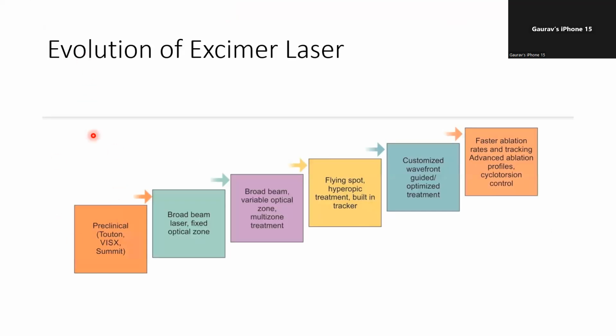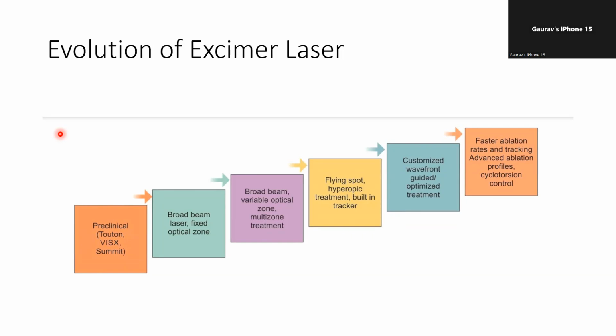So coming to how the excimer laser has evolved over time. The first few generations of laser were broad beam, and we had only a fixed optical zone. Then came a setting to vary the optical zone, and we introduced multi-zone treatment.